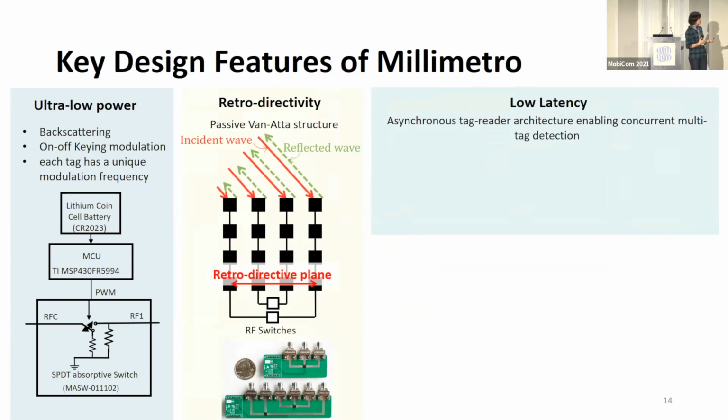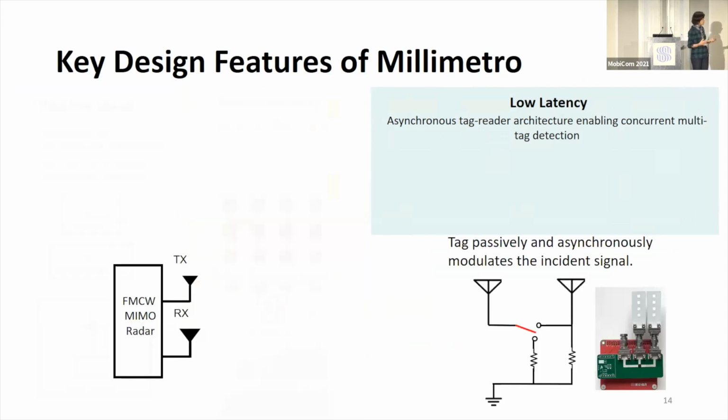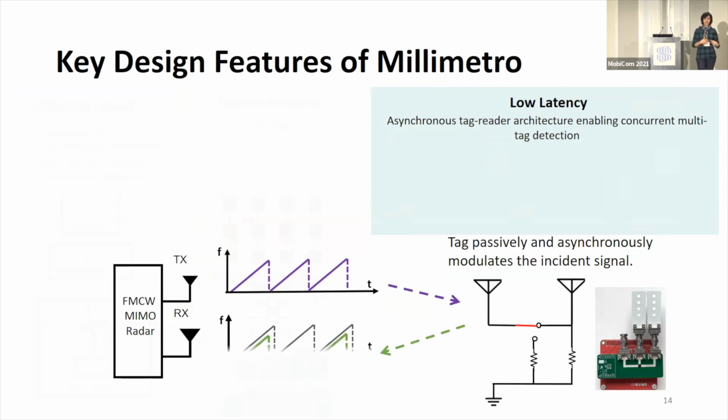We design a tag reader communication that is completely asynchronous, meaning that we have a tag that is constantly switching on and off. It's not particularly listening to one reader. A car passes by, it sends the signal, gets a reflection, and independently tries to detect the tag. So as opposed to traditional RFID systems, here we don't have any coordination or handshaking between the tag and the reader.